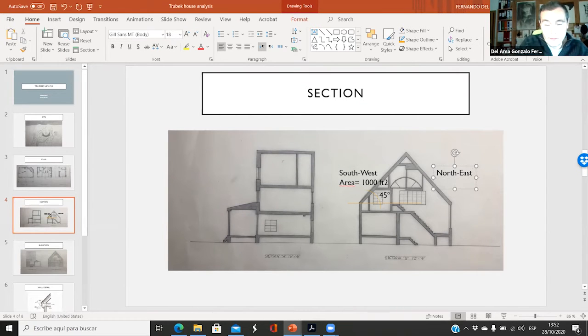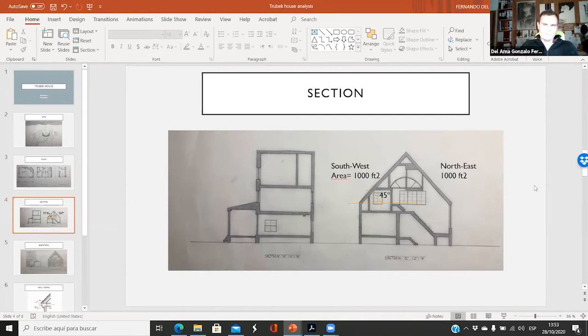In the northeast, the area I think is the same, let's say 1,000 square feet. So now this is our project, and this is the area that we have available.